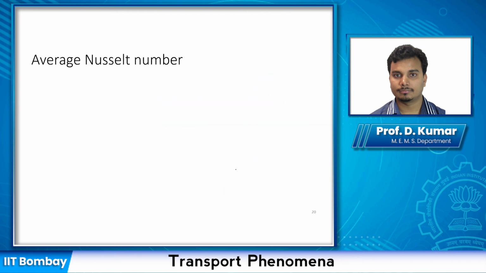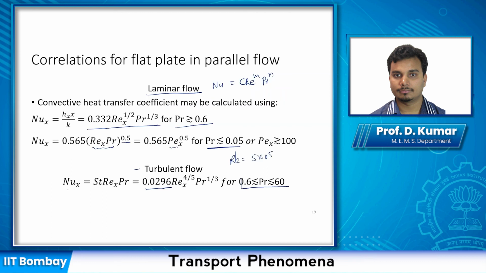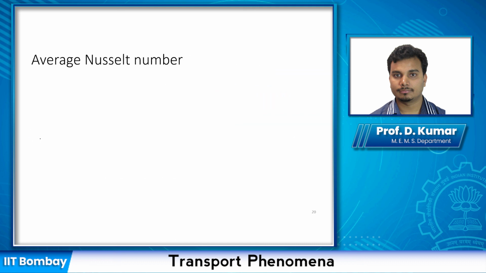Again, note that these Nusselt numbers are local Nusselt numbers, not the average Nusselt number. Very often you will need the average Nusselt number. So if you know the correlation for Nu_x, then Nu_x is equal to h_x, the local convection heat transfer coefficient, times x by k.